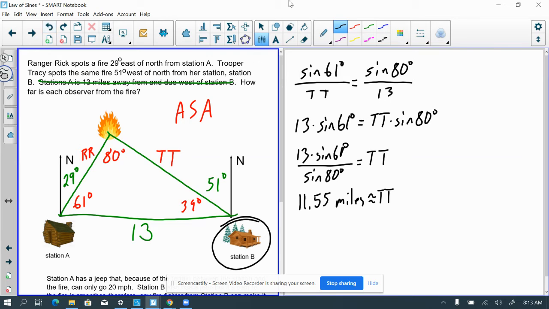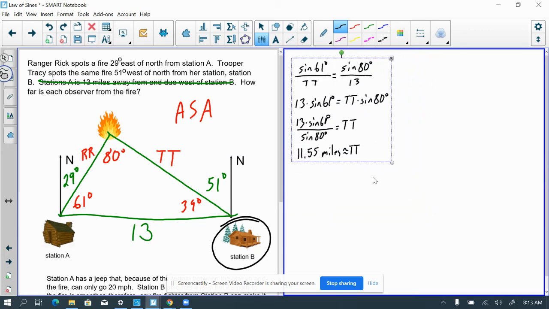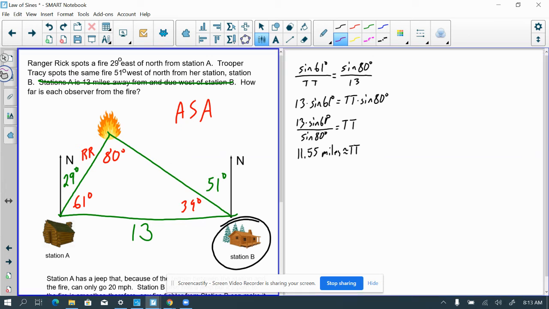Now I need to find Ranger Rick. For Ranger Rick's situation, I'm going to work with this opposing relationship.